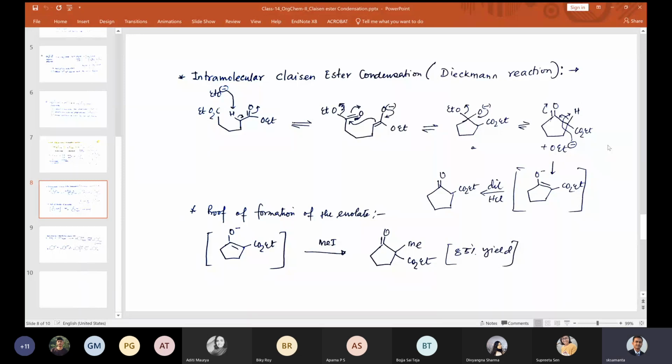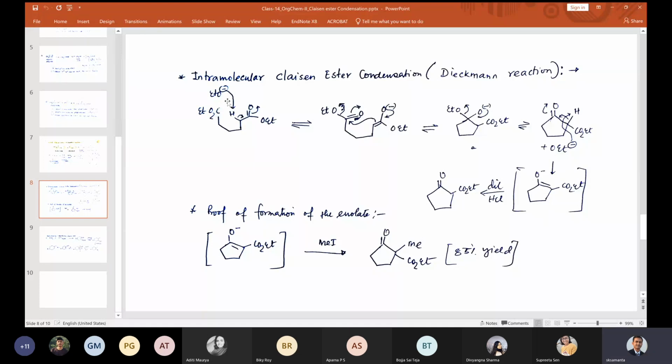So this is the answer: if you do this reaction in presence of methyl iodide, you will get this kind of product, because this is the more acidic proton, right? Because COOEt is also electron withdrawing, C double bond O is also electron withdrawing, so it forms the negative charge over here. And if you add methyl iodide, it easily forms this product, which is in 85%. So that proves that you have this enolate in the reaction medium.